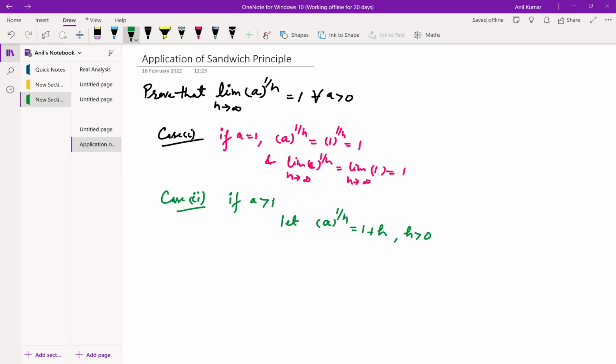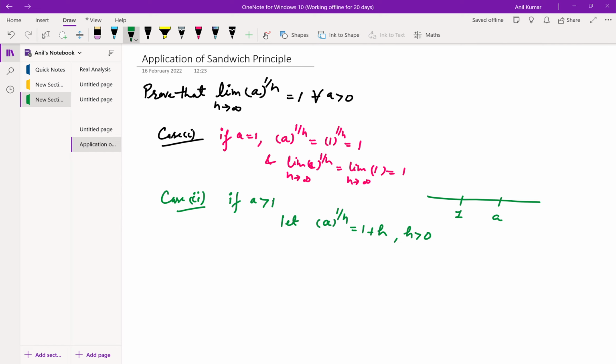We can assume this because a is greater than 1. Suppose 1 is here, then according to our supposition a is greater than 1, so a will be on the right hand side of 1.